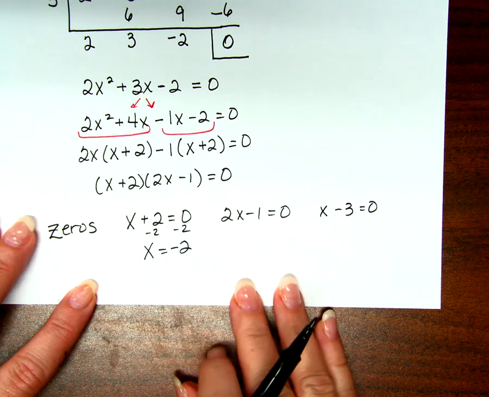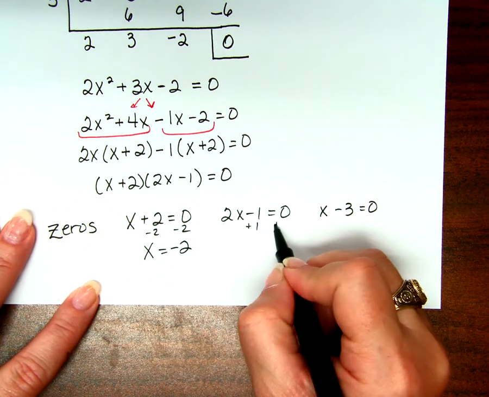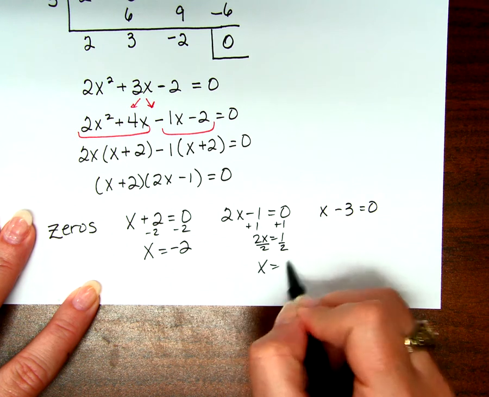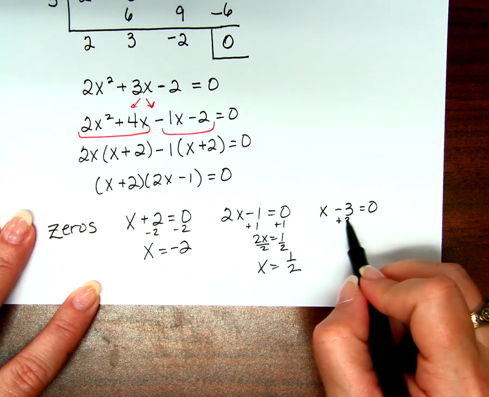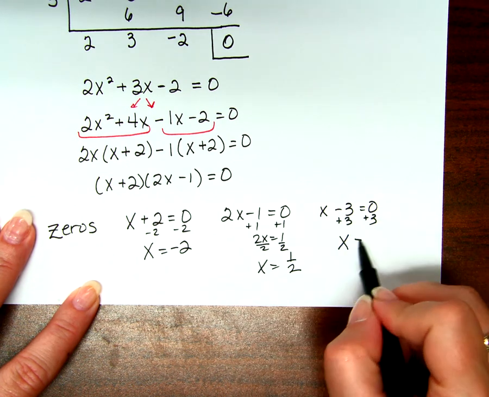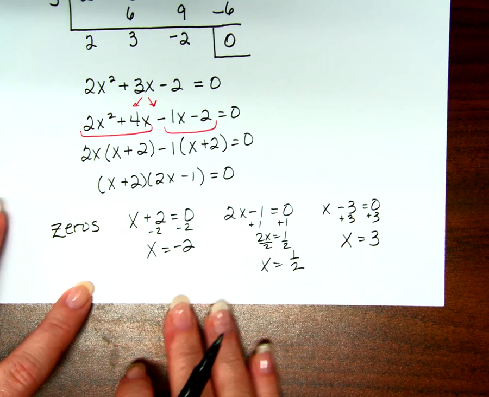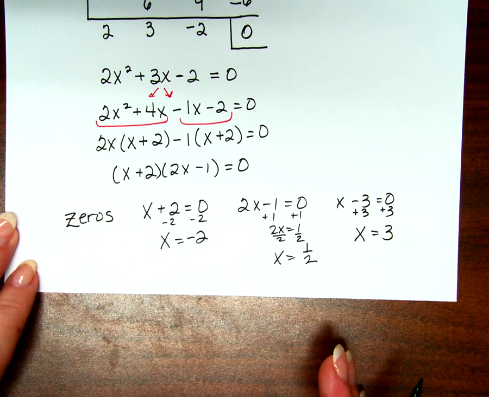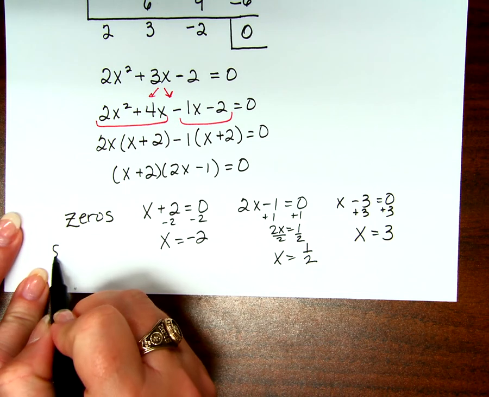So x equals -2. X equals 1/2. And x equals 3. And even more likely after that, it's going to ask you for the set of zeros, which means it wants this.